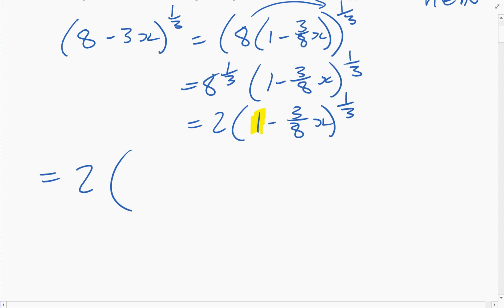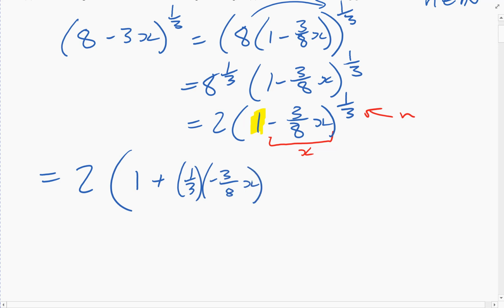You're going to replace the x in the binomial expansion with all of that, and this is n. So do the binomial expansion, and you're going to get 1 plus n times x, and then the next term is going to be n times (n minus 1) times x squared.